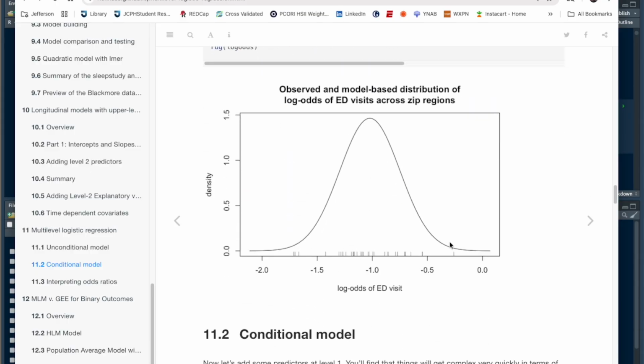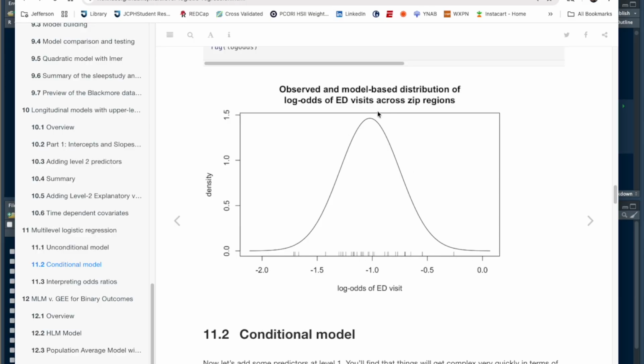And so again, we have some high probability, low probability. It's not exactly symmetrical. So what we're checking for here is whether these cluster random effects are normally distributed. This isn't exactly what we're looking at. These are our observed logits.